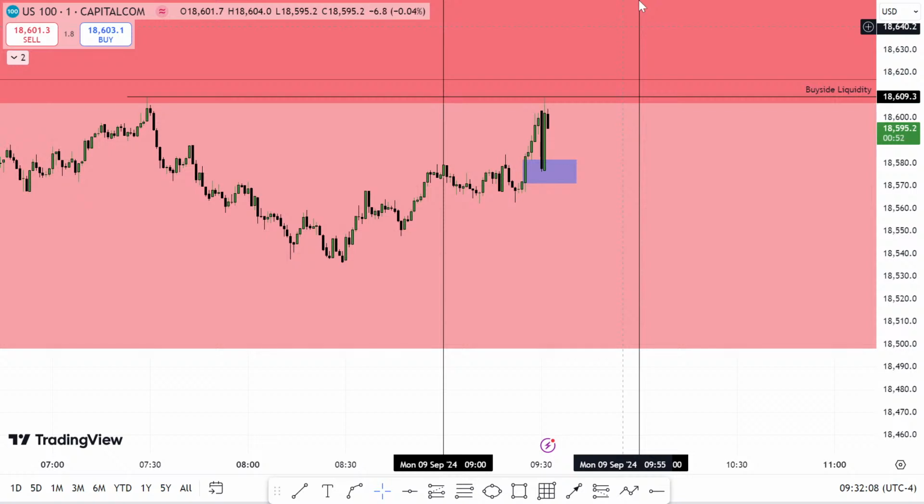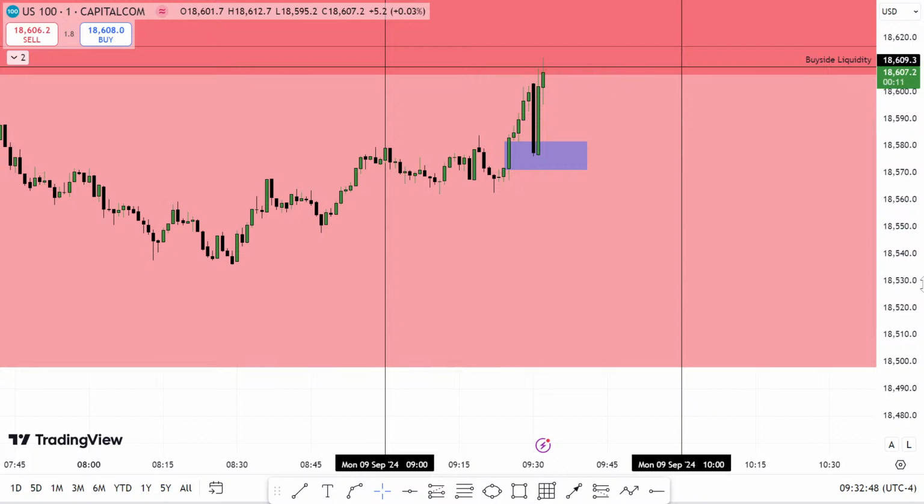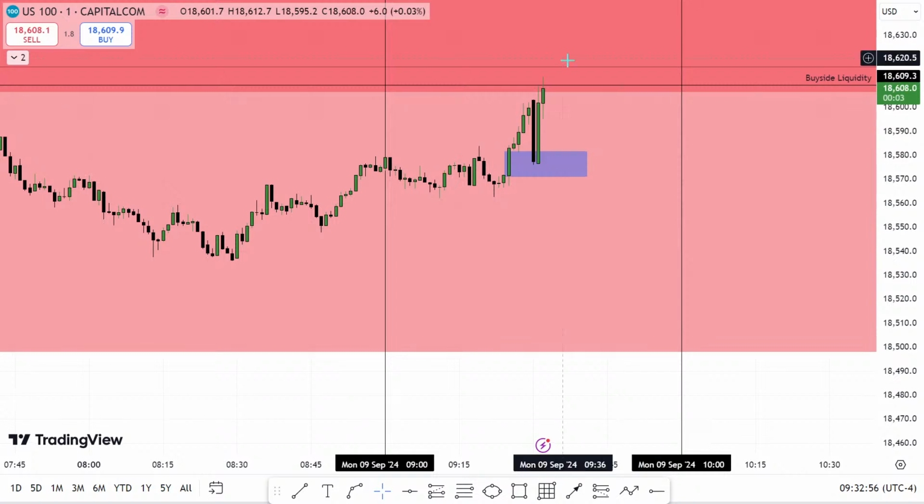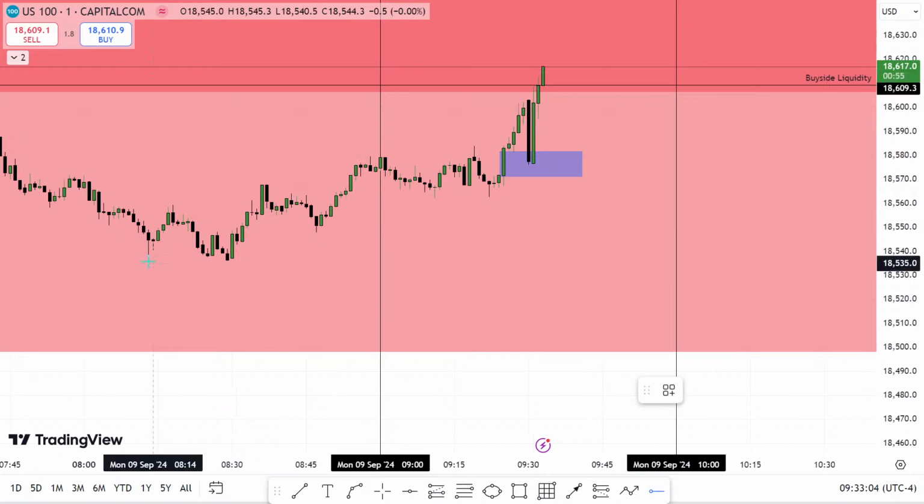In as much as I'm favoring the sells, all right, just as we want. I'm really favoring the sells, but it should really take this side, then give us a willingness to trade to the downside. But for now, we don't have that willingness yet to trade to the downside. We have this sell side liquidity resting here.